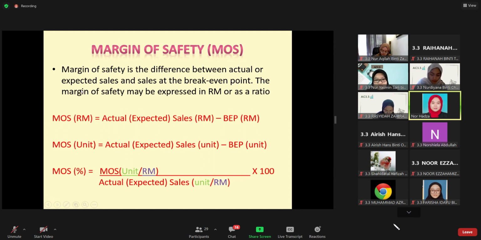Let's say the margin of safety is 30%. You are allowed to reduce the sales up to a maximum of 30%. If more than that, you suffer a loss.